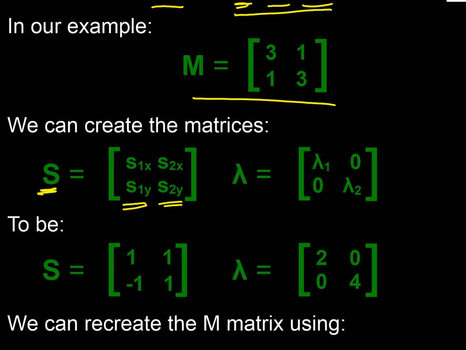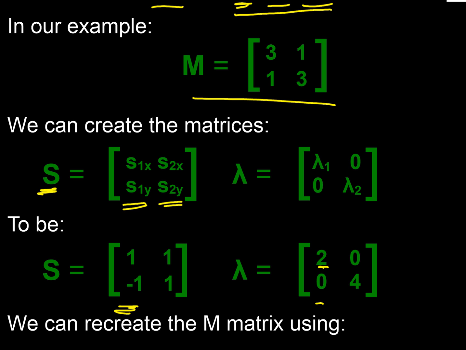In this case, I've done the first column as being the 1, minus 1 vector, and that was matched to an eigenvalue of 2, wasn't it? So in the first column of our eigenvalue matrix is going to be 2 on the leading diagonal, and all the other terms are 0.